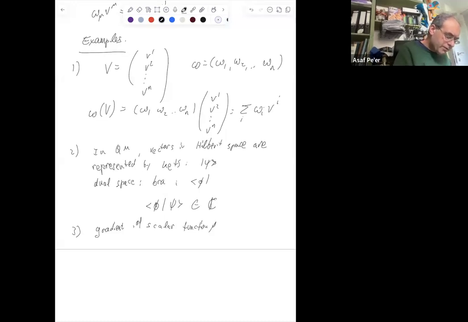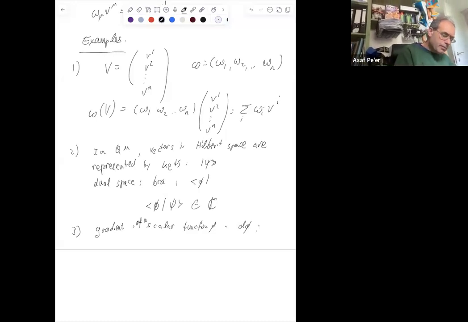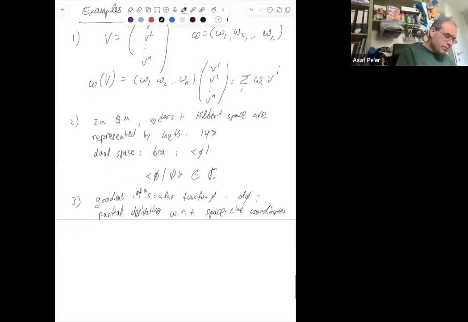The gradient of a scalar function phi is d phi, which is really a set of partial derivatives with respect to the space-time coordinates: d phi over dx^mu, theta^mu.